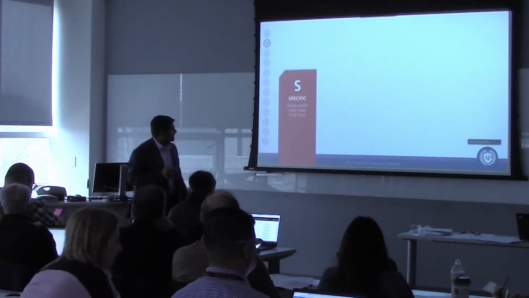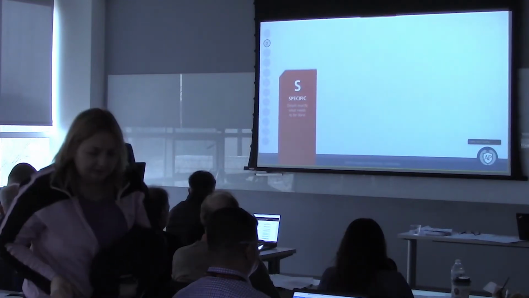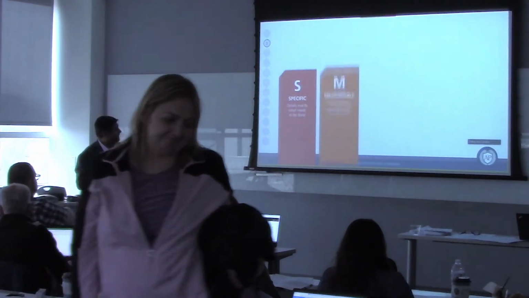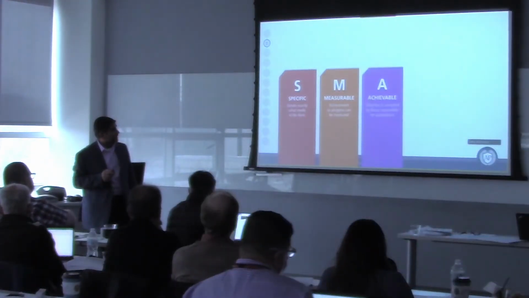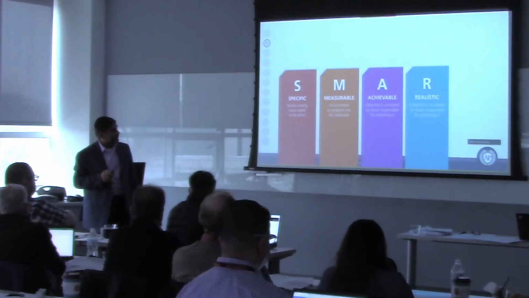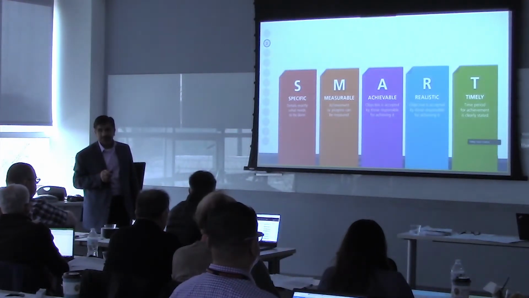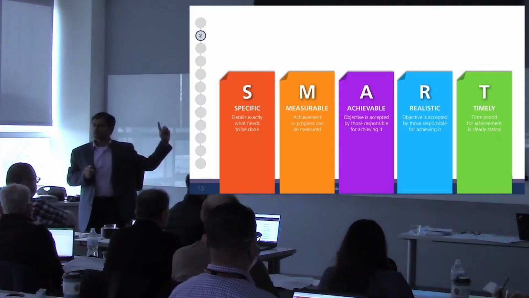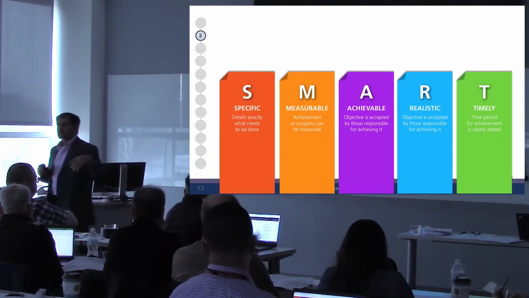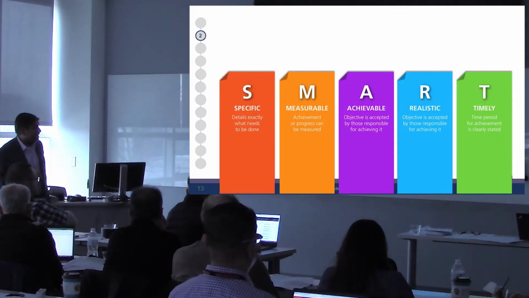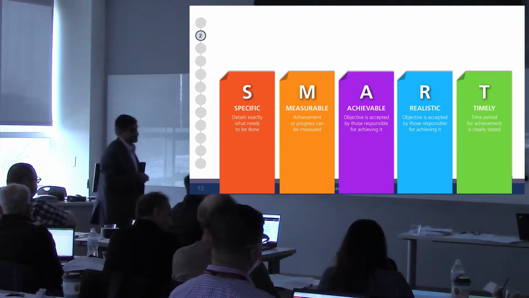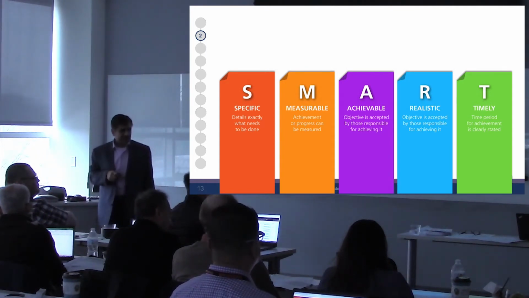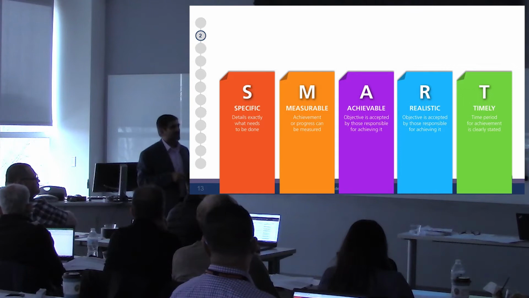Let's take a look at these objectives: specific, measurable, achievable, realistic, and timely. How many of you have heard about SMART before? Most of you. Try to avoid "students will appreciate," because that's a common one we get a lot.